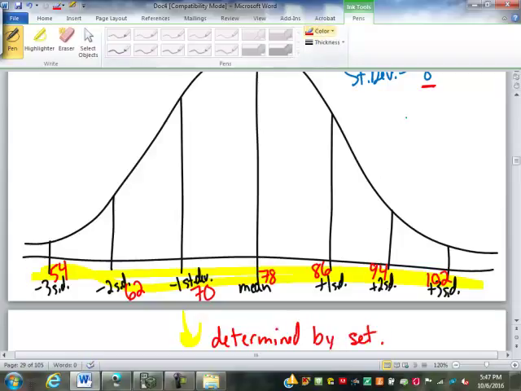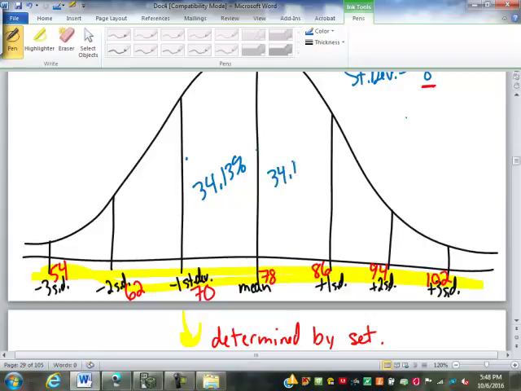The next piece we're going to put in here is always the same. This part is constant. The percent of the data that's going to be between the mean and one standard deviation below is always going to be 34.13% of the data. That's if the data is normally distributed. So if it fits in this bell curve.